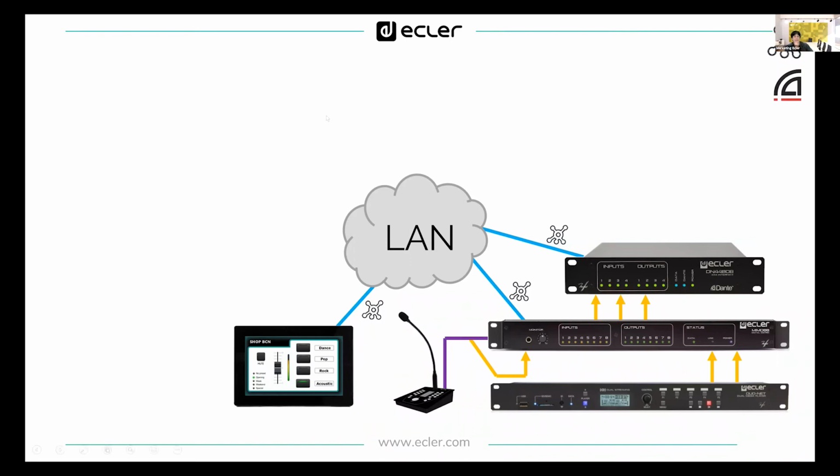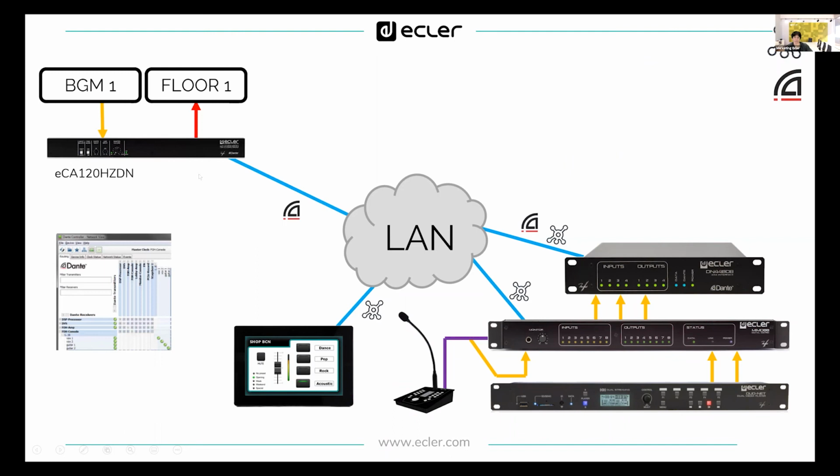And these will all be sent in Dante format to the network, and will be received, for example, it's a possibility, by an amplifier that integrates a Dante receiver. This amplifier is called ECA 120HZ-DN.